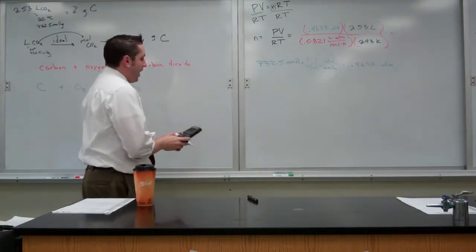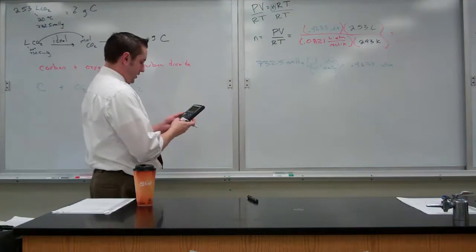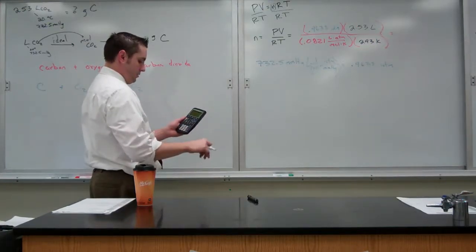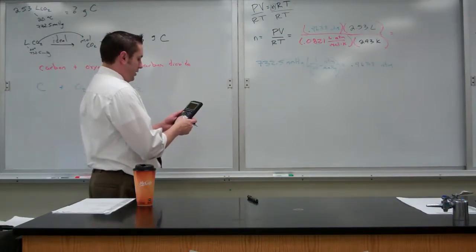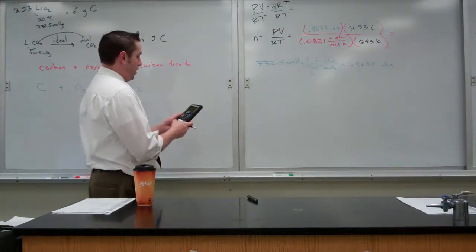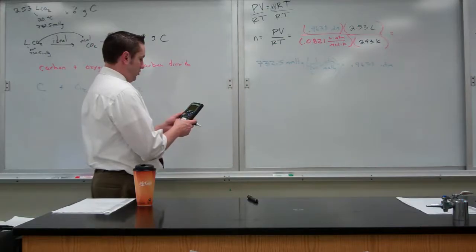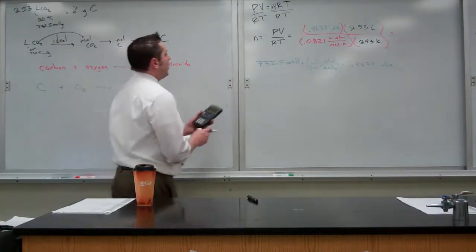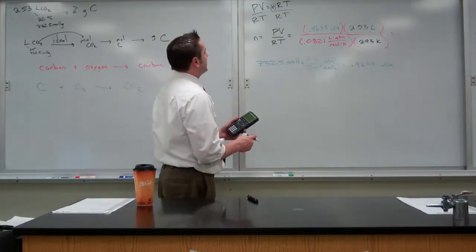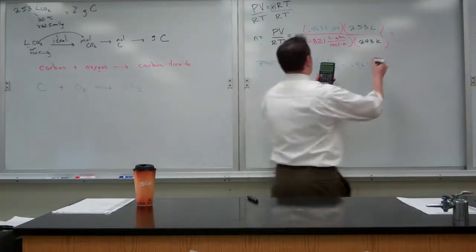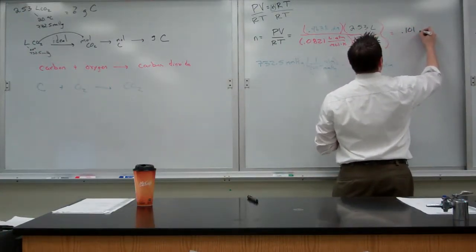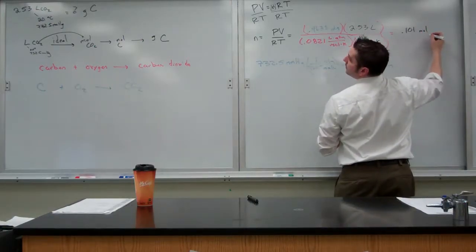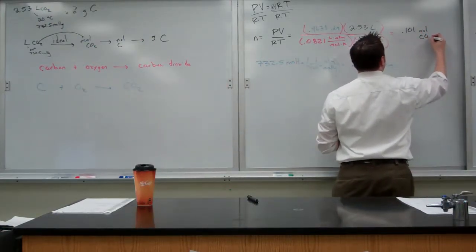You do the math on that: 0.9638 times 2.53 divided by 0.0821 divided by 293. I get 0.101367. I get 3 sig figs, so I would say I've got 0.101 mole of CO2.